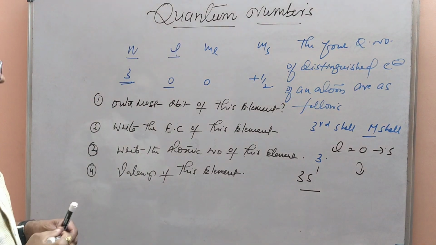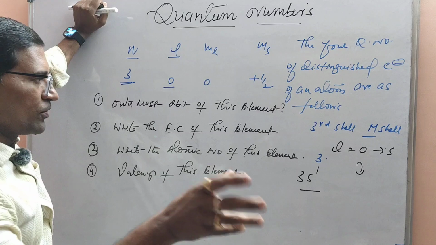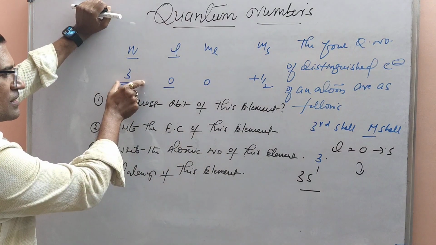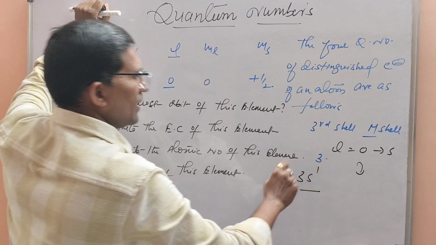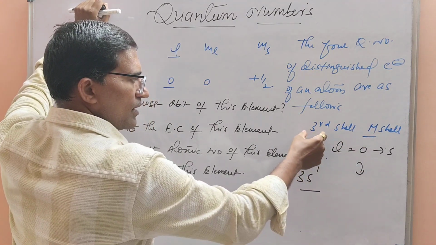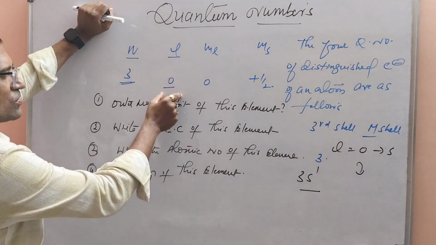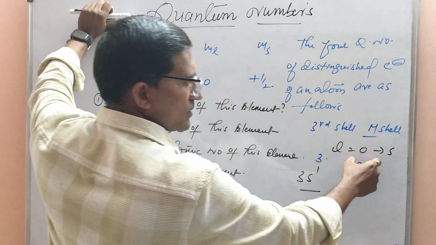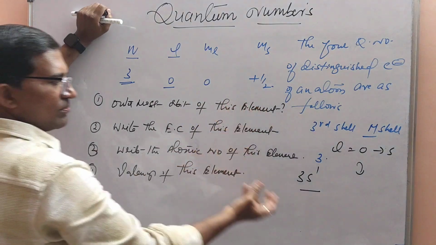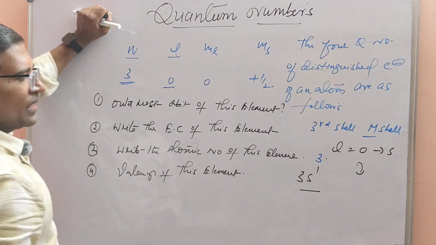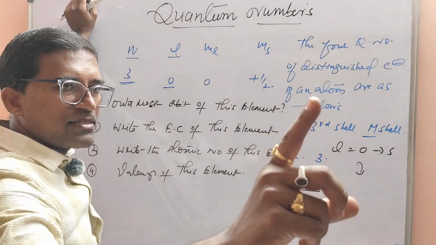I will repeat again, as I think most of you did not understand clearly. n is equal to 3 means third shell, third orbit, the M shell. L is equal to 0 means the type of subshell is s. ML is equal to 0 means in s only, because orientations are not possible; only one s orbital is there.